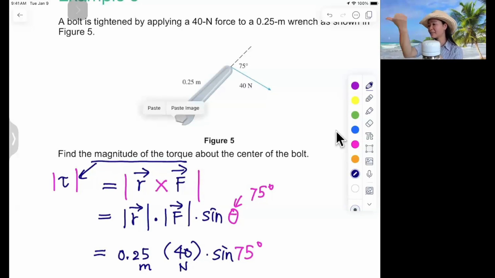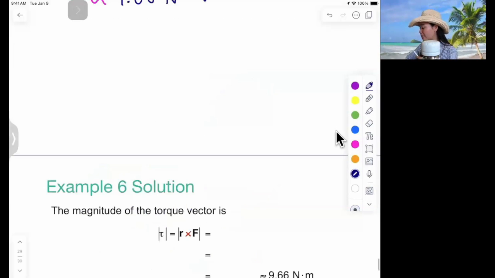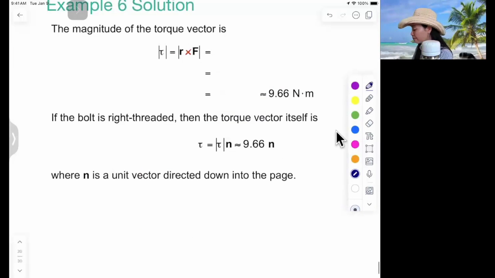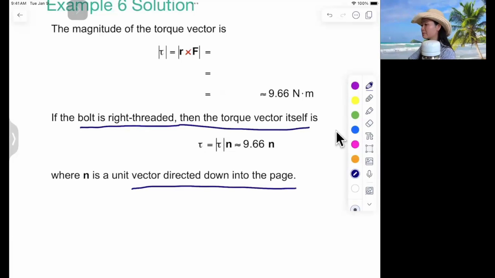So is it pointing inside the paper? Show it again. So here, if this is this, then the torque is going to be pointed directly down into the page, right? Use the right hand rule. So R here, and then you go to this, then you point directly into the page. That will be the direction.